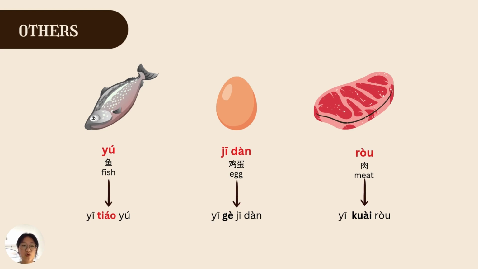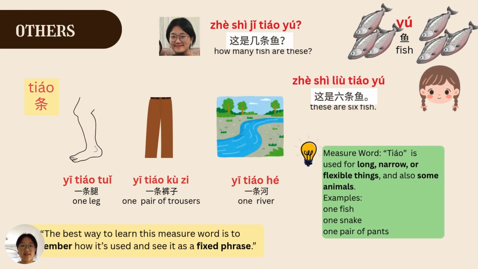鱼，鸡蛋，肉。Okay, now let's focus on the measure word 条. 条 is used for long, narrow, or flexible things, and also some animals. Now please read after me.